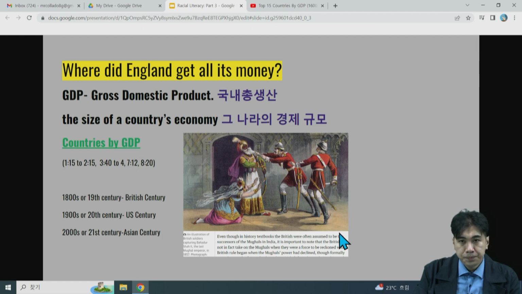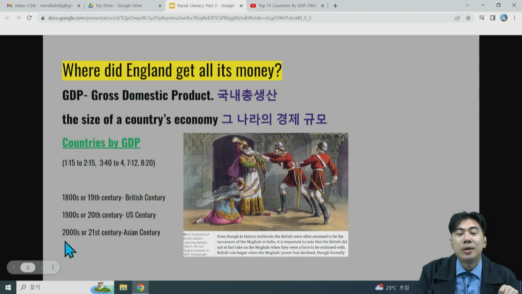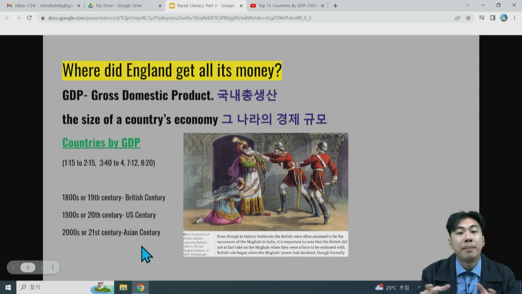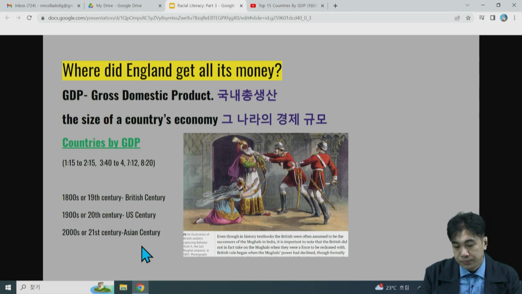Okay, so they say that the 1800s or the 19th century is the British century, English century, okay? The 1900s or 20th century is called the US century. This one, where we are now, the 2000s or the 21st century, is going to be called the Asian century, okay? Because all the money in the world is coming back to Asia.